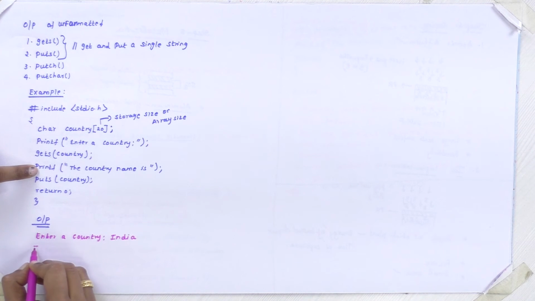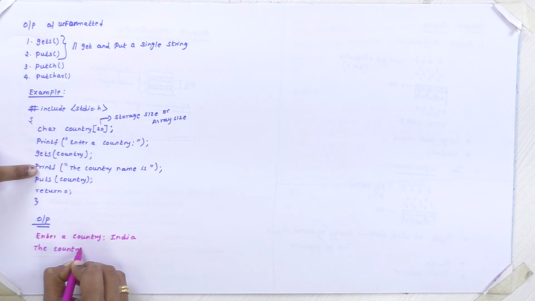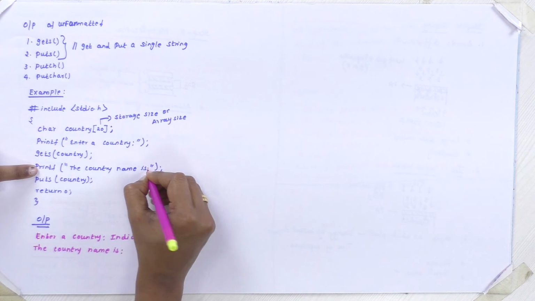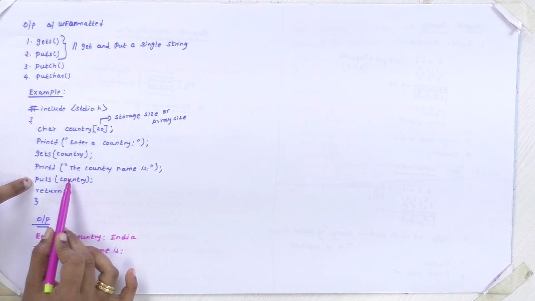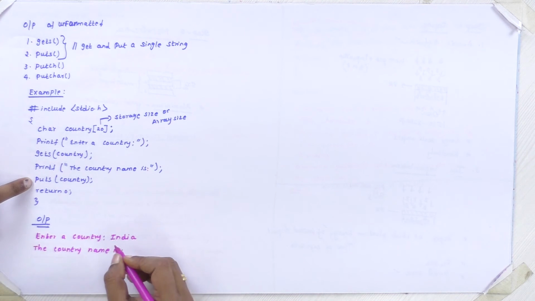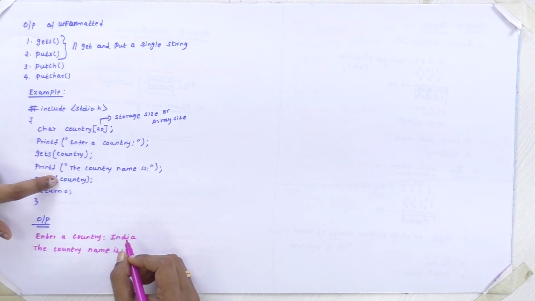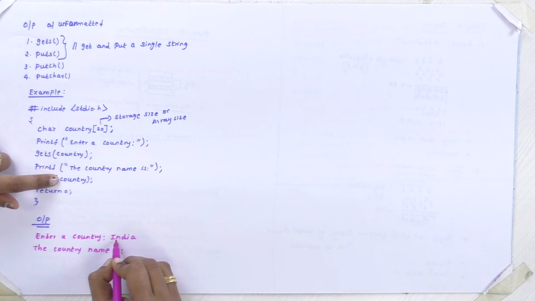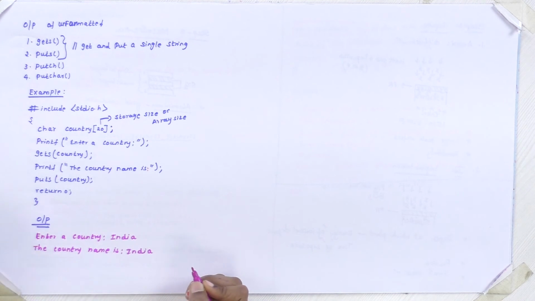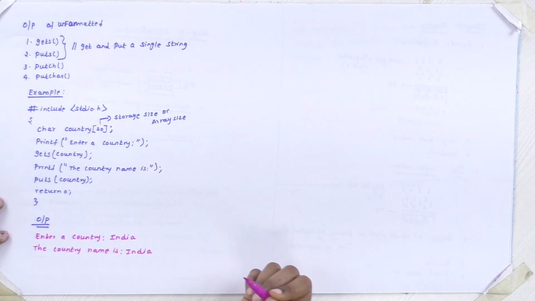Next it goes to the statement and prints the statement, the country name is. Then it will display the output which is stored in country. The value stored in the variable country is India, so it displays the value as India. So this is the example for gets and puts.